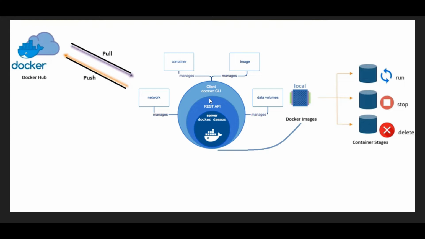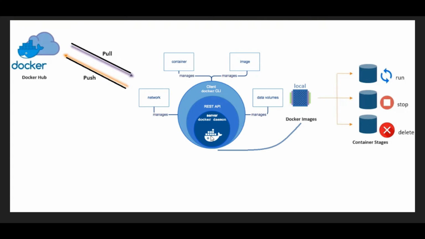First is find the image locally. If not found, then go to Docker Hub and pull the image. After pulling the image, create a running instance of that image, which we call a container. Then execute the command that you want the container to execute. That's how docker run worked.